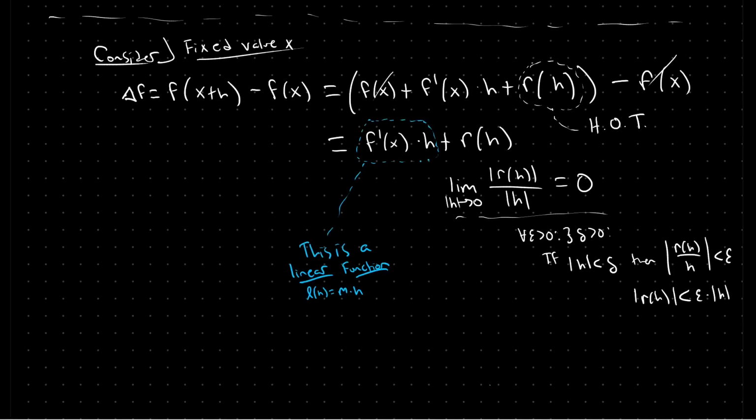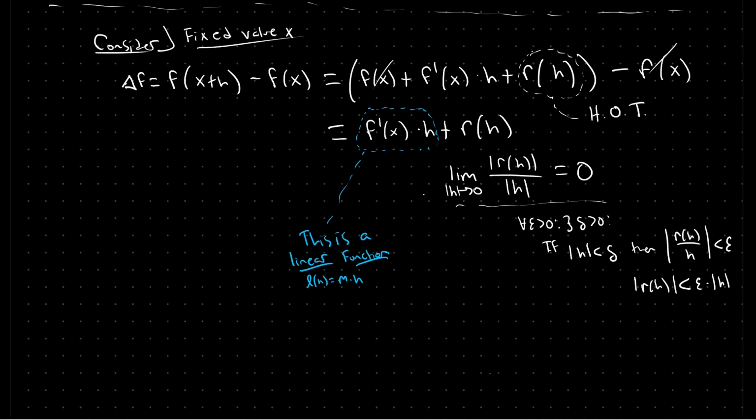In fact, we can redefine differentiability to essentially be this. We say that a function is differentiable if there exists a linear function that approximates the increment in this way.